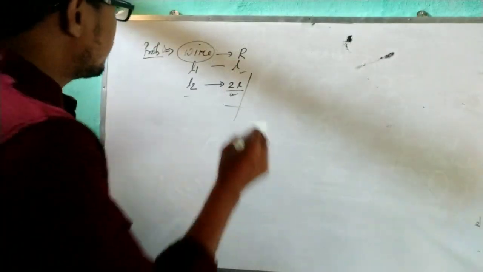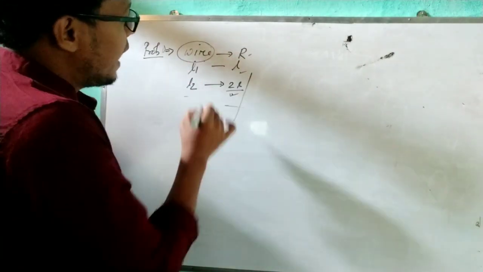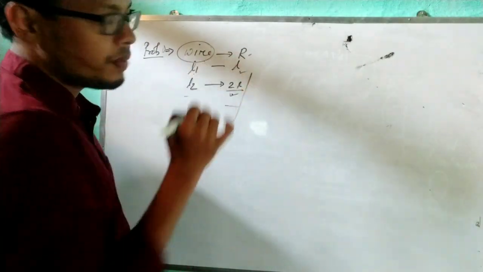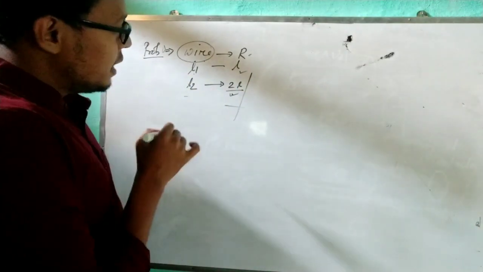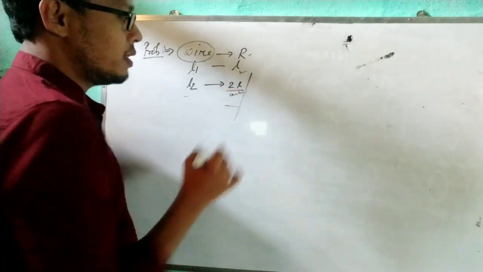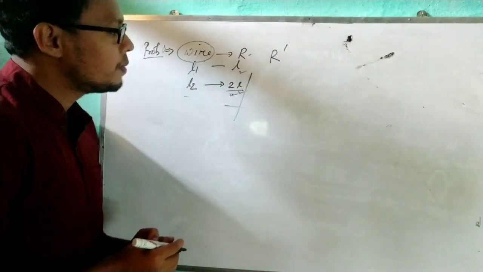Let us do some problems. Problem number 1. I took one wire of resistance R and the initial length was L. Now the final length after stretching becomes twice L. The question is, what will be the new resistance R dashed?